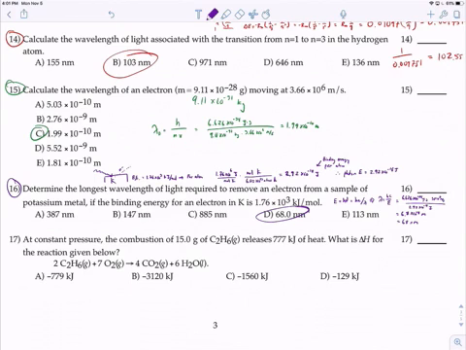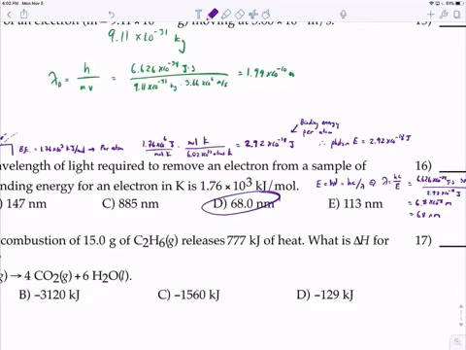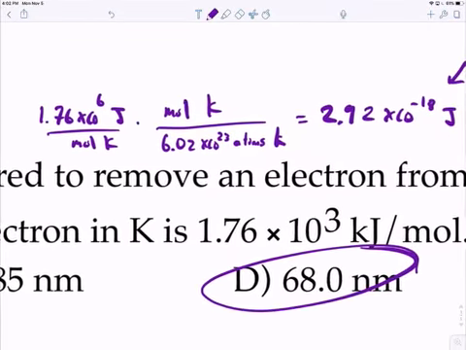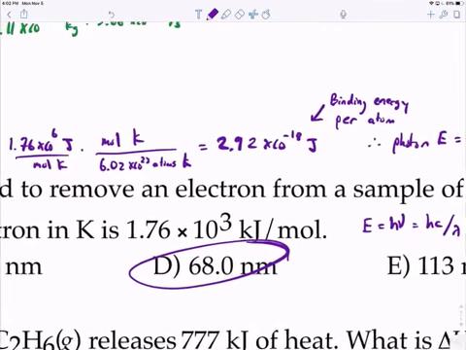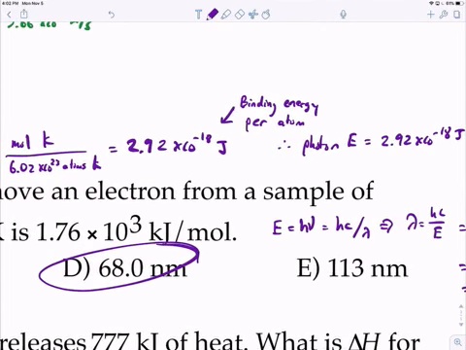So the main trick here is to know that this energy of 1.76 times 10 to the third kilojoules, you need to divide by Avogadro's number to get the binding energy per atom. So we're given that binding energy; divide by Avogadro's number, and that is the binding energy per atom, 2.92 times 10 to the minus 18 joules.